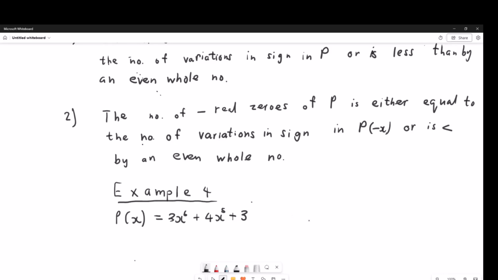Okay, guys, so there we have 3x to the 6 plus 4x to the 5 plus 3x cubed minus x minus 3, okay?